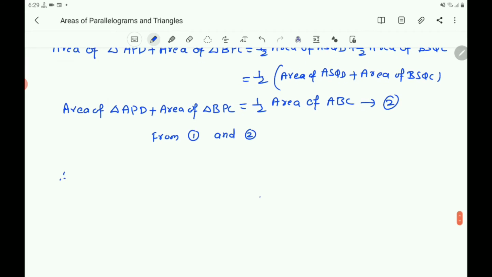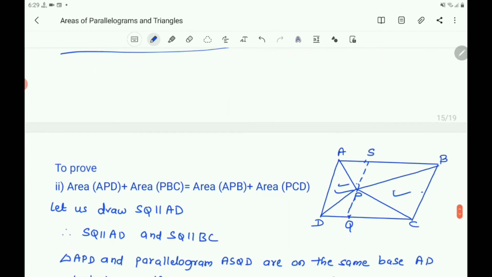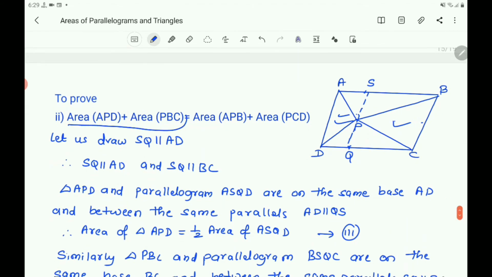Therefore, from first and second, area of triangle APD plus area of triangle PBC equals area of triangle APB plus area of triangle PCD.